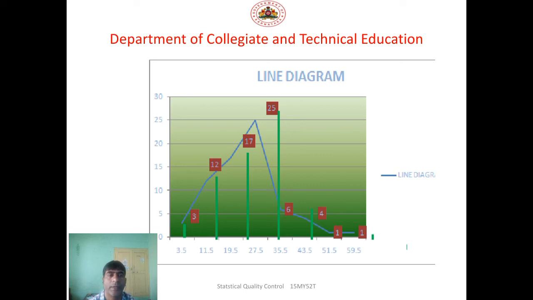Draw it. Take your time and draw it, students. Hope all of you are marking the points and drawing it.